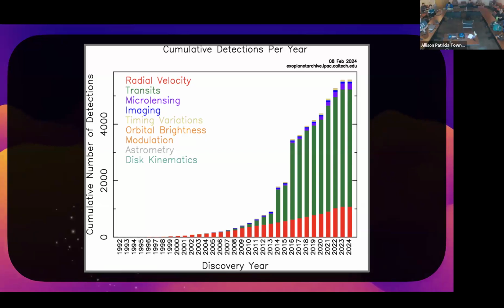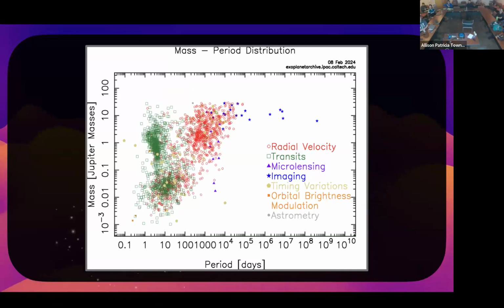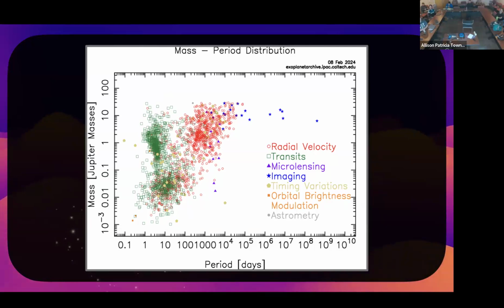So this technique is clearly not the most efficient at discovering large numbers of gas giant planets, but it does let us see some important insights into them that we can't with other techniques. And it also probes a different population of companions than transits or radial velocity. So these blue stars are concentrated at high masses, from large superjovian planets to brown dwarfs, and at very long orbital periods, wide orbits.